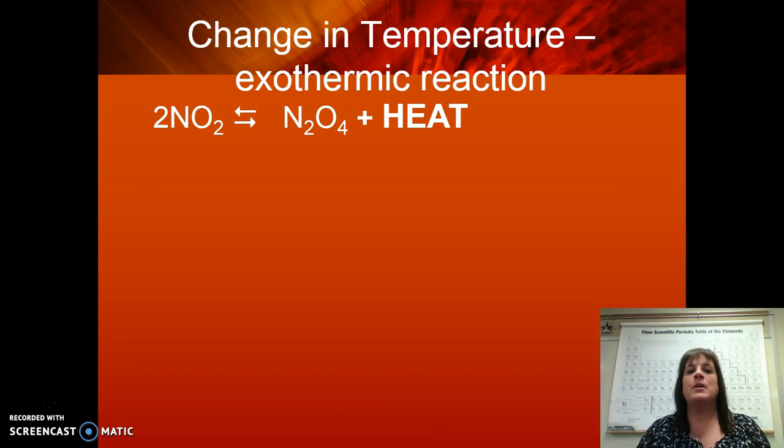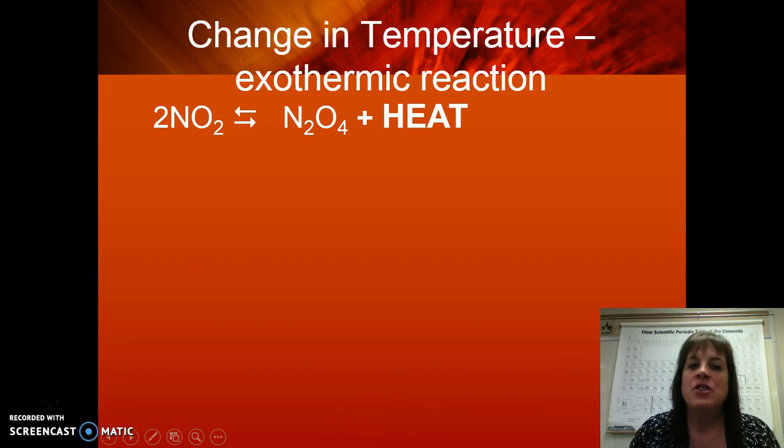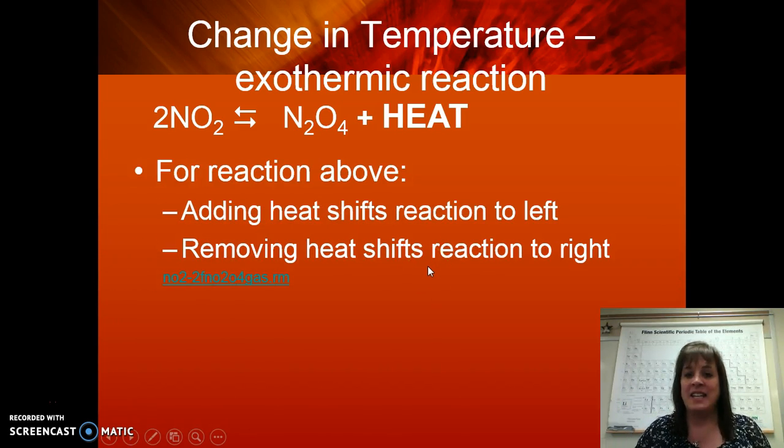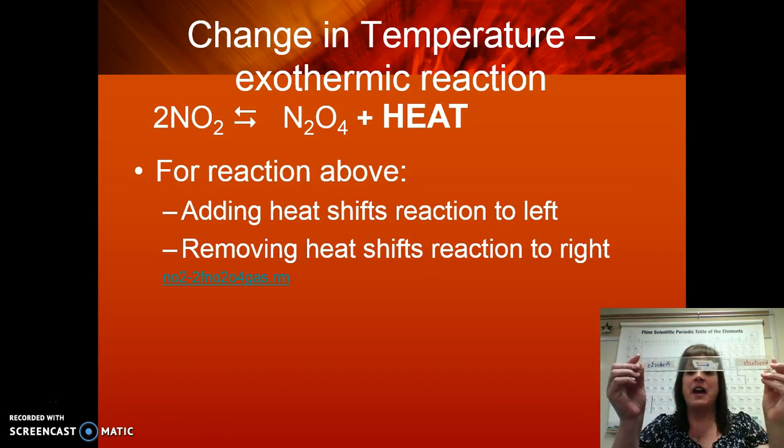So, for example, here is that reaction: 2 nitrogen dioxide produces dinitrogen tetraoxide. This reaction is an exothermic reaction because heat is a product. Therefore, if I add heat, it's as if I'm adding a product.